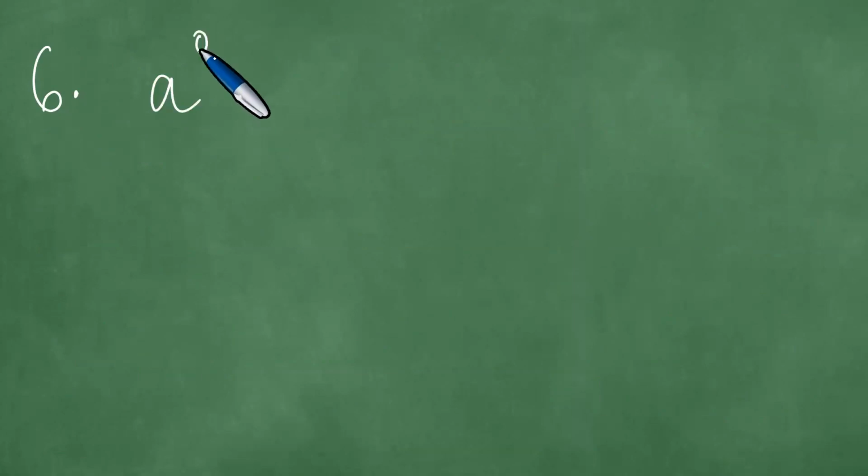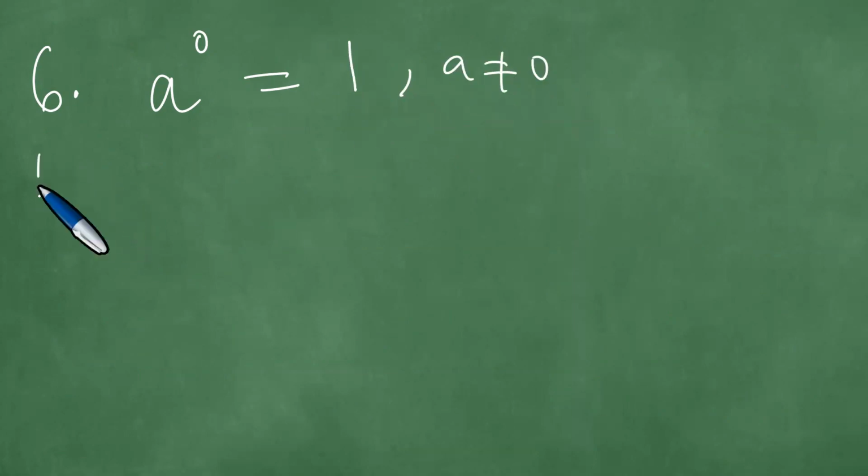If you have a to the power 0, what is the answer here? It is 1, provided that a is not 0. There are certain things we call the rational exponents.